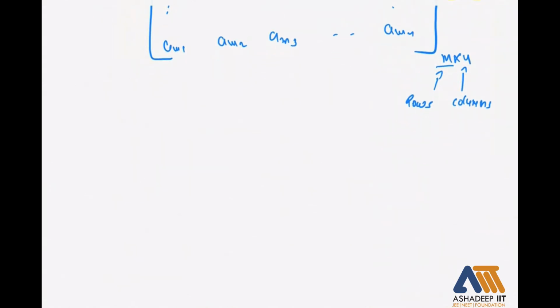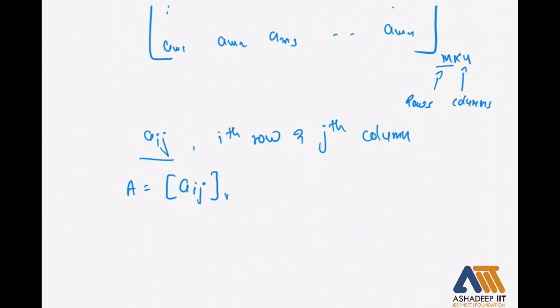In general, any element is in the form Aij. It means the element in the ith row and jth column. So a matrix can be written in general way also, A = [Aij] m cross n. This indicates that in the matrix A there are m rows and n columns.